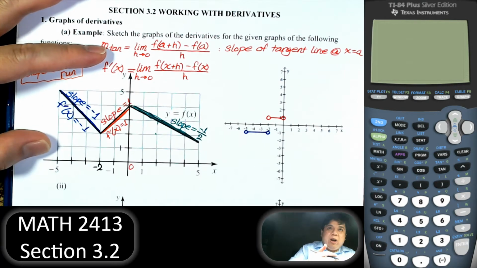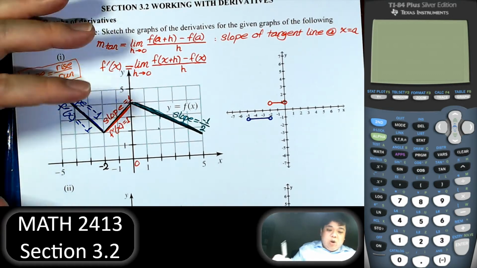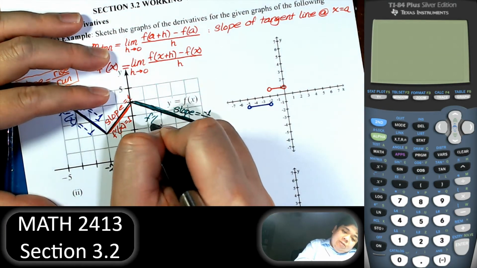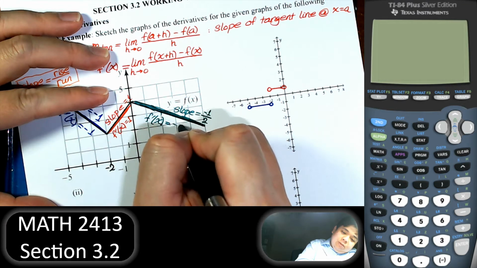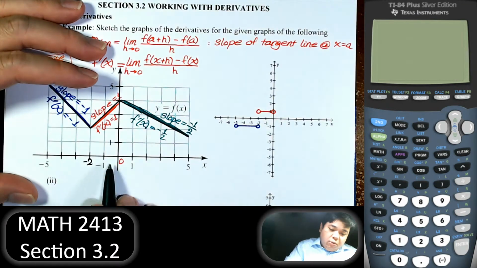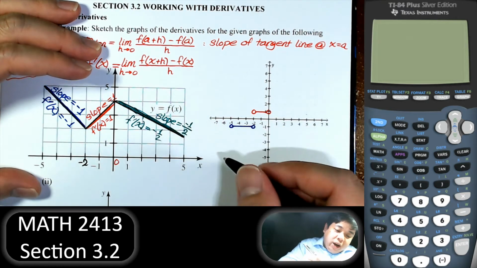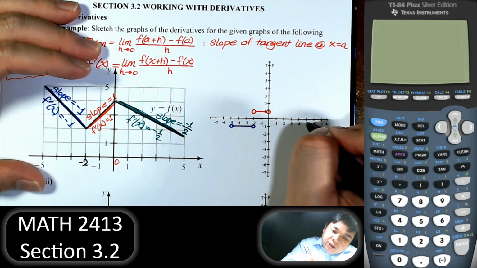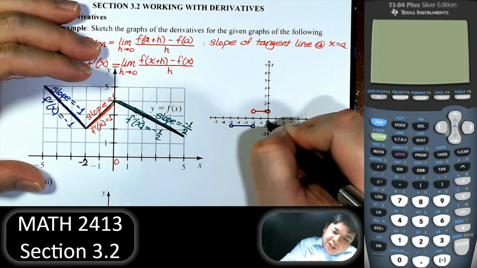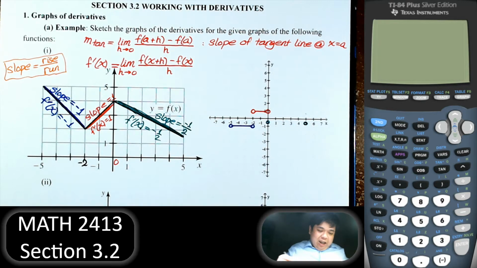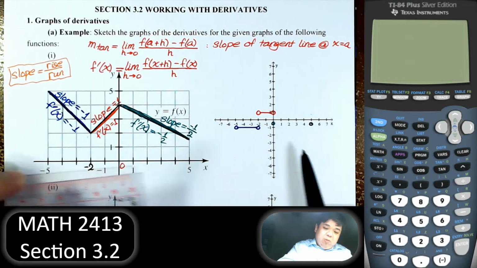The slope is also the derivative. So from 0 to 5, it is -1/2. I should make the scale a lot bigger than this. Again, it will be undefined at those points.